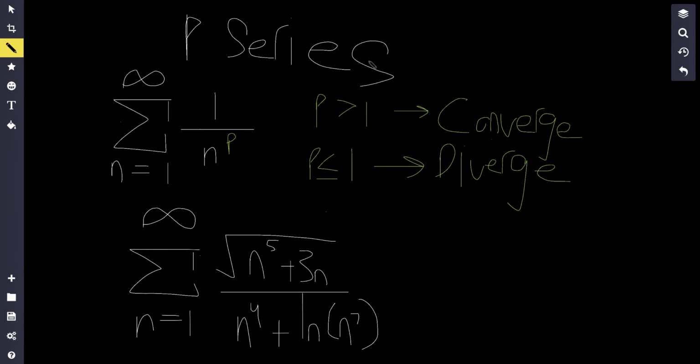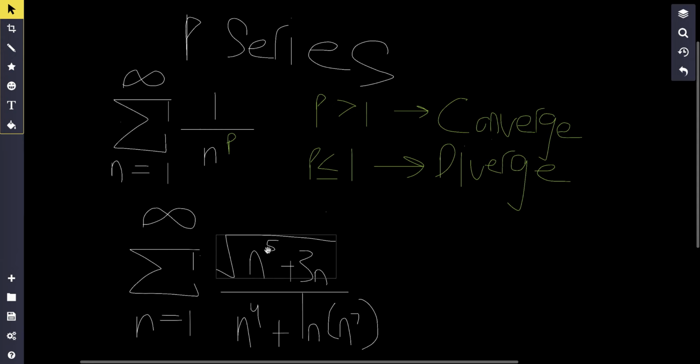All right, now we have this one. What do we do? We just focus on the terms that actually matter. So in this case, this n to the fifth power is going to outweigh the 3n in my numerator. So I don't really have to focus on the 3n.